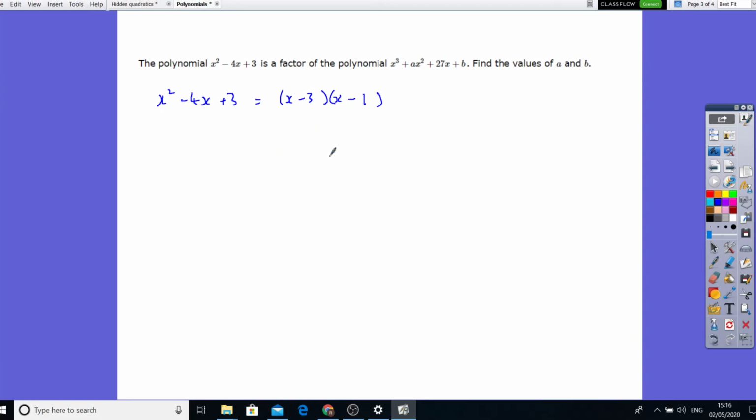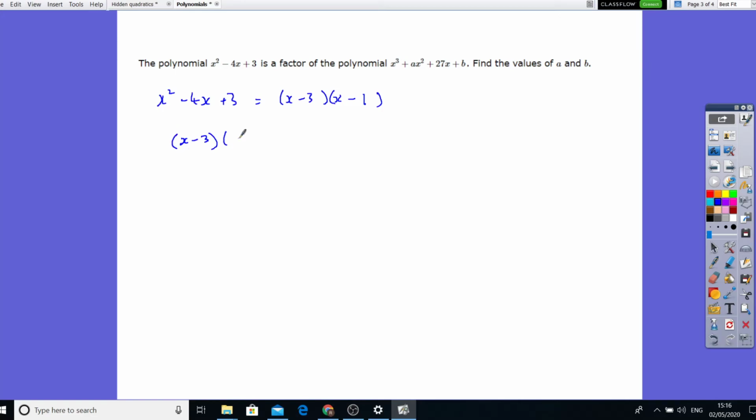Champion. Right, let's have a look. So we've got those factorized, and we know this is a factor of this. We need to find a and b. So we know that when it's a quadratic, there should be another factor, similar to what we've done before.